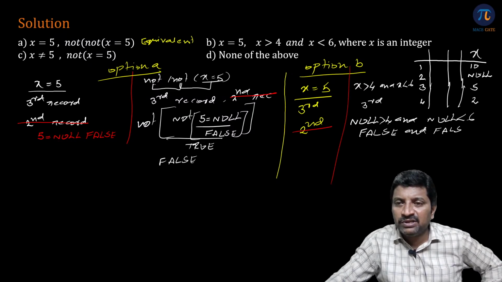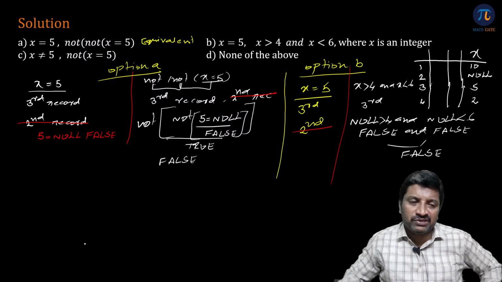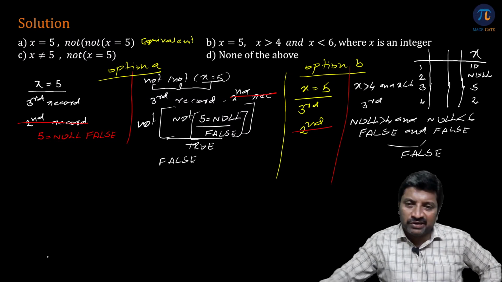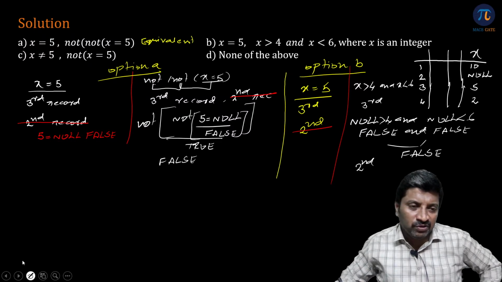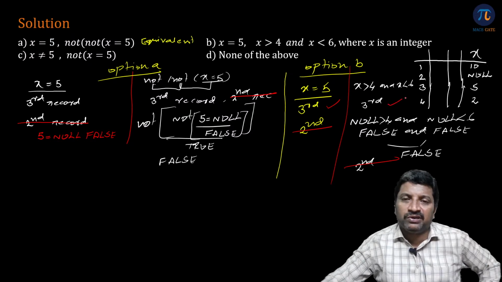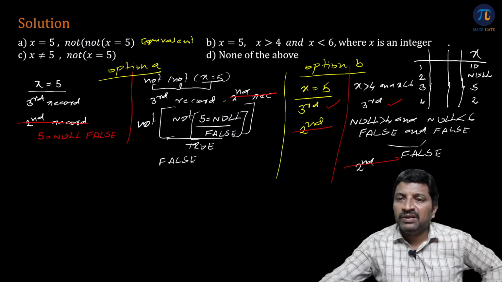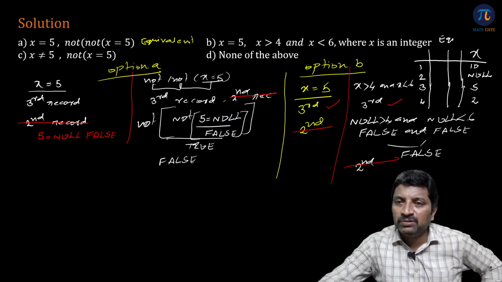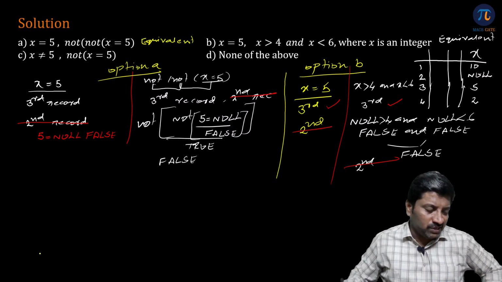Both are false. When both are false, the answer is false. So we don't get the second record. So even in this case also, you are getting only the third record. So option B also equivalent. What about option C, sir?